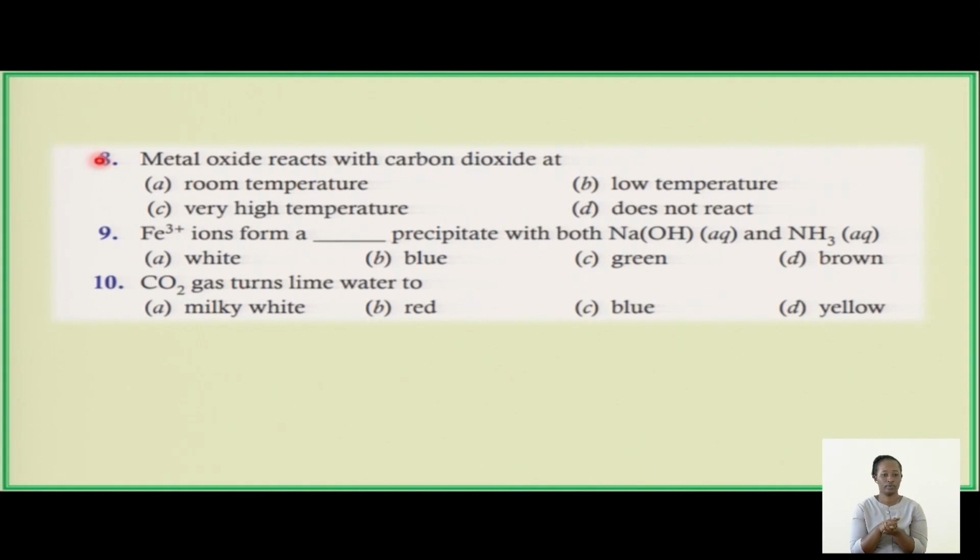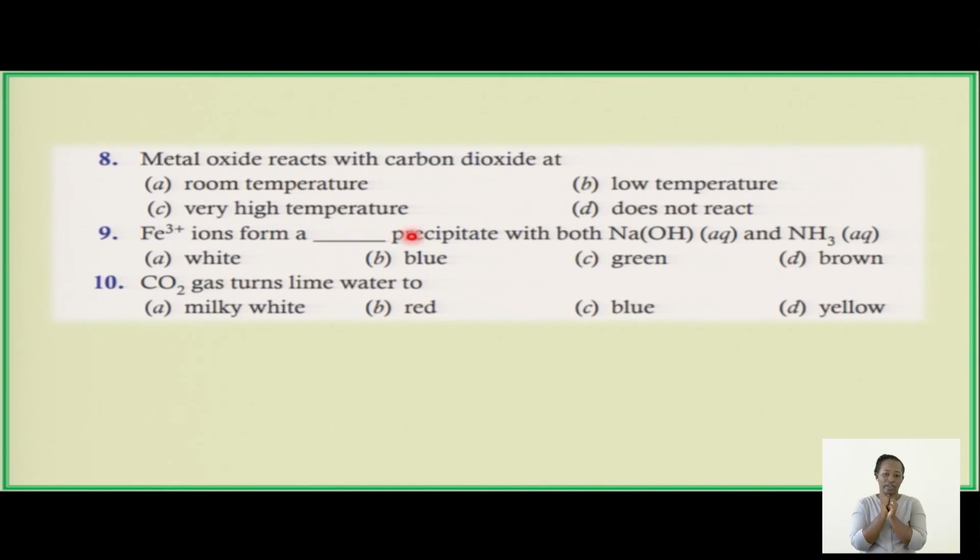As well as question 8, metal oxide reacts with carbon dioxide at A, room temperature, B, low temperature, C, very high temperature, and D, doesn't react. You will choose the right answer. 9, iron 3+ ions form a precipitate.